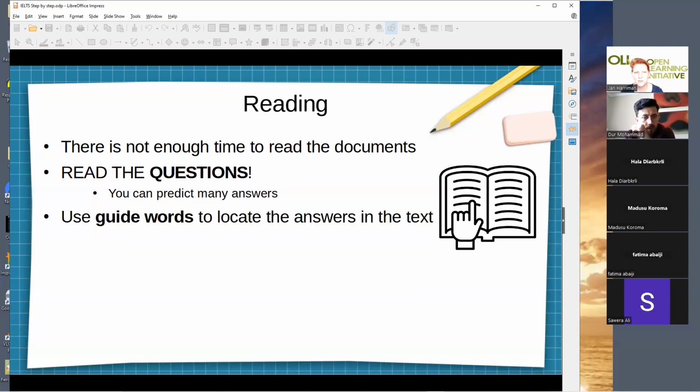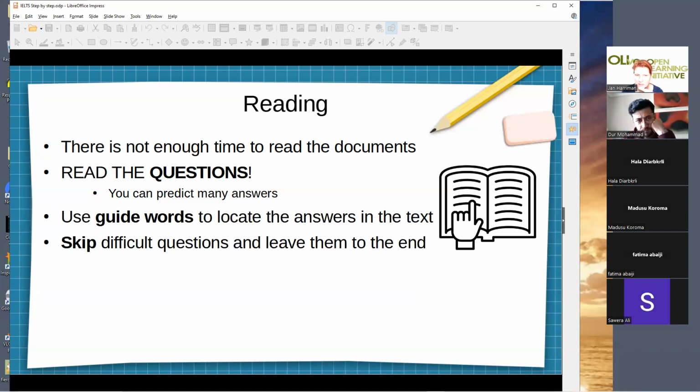So use guide words in the questions to locate the answers in the text. Skip the difficult questions and leave them to the end. Because remember, this is one exam to measure from level 1 to level 9. The only people who are going to understand and get the answers to every single question are the people at level 9.